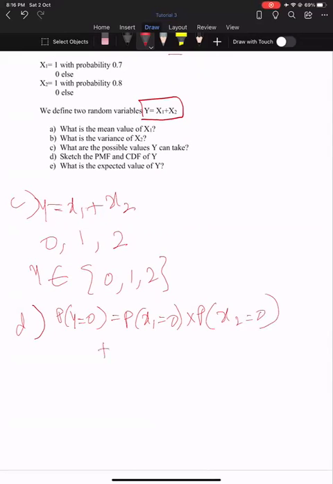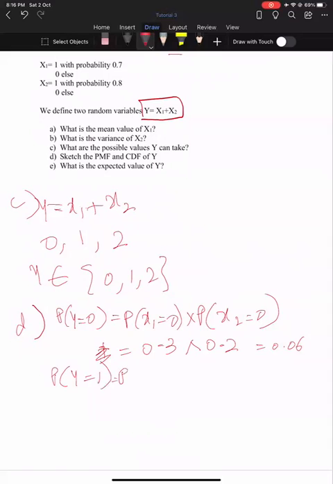First let's solve this. We know that x1 is 0 with probability 0.3 and x2 is 0 with probability 0.2. So we get 0.06.